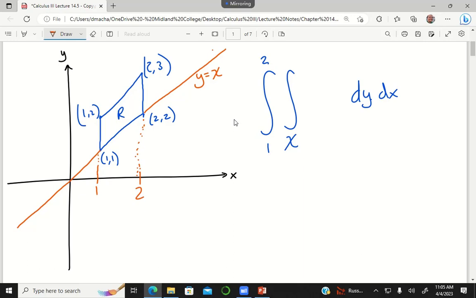And then the upper bound for y would be what? It's not going to be a constant. It's got to vary depending on what x is, right? It's the top of this parallelogram.